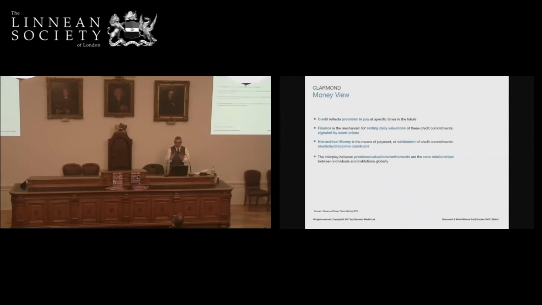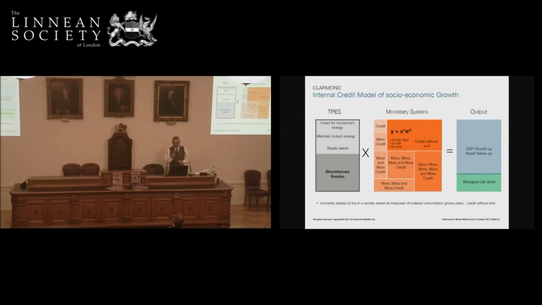You take that, and then you multiply it by the energy system, and you get an exponential function. So the monetary system is essentially an exponential function multiplied by an energy system. It continuously needs to grow.